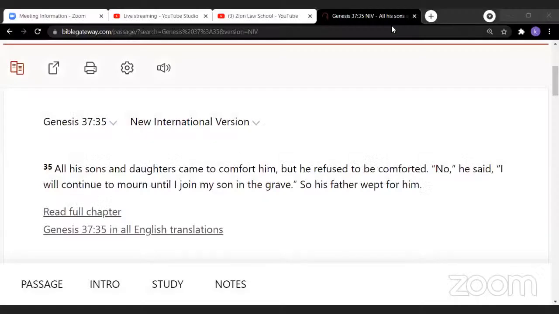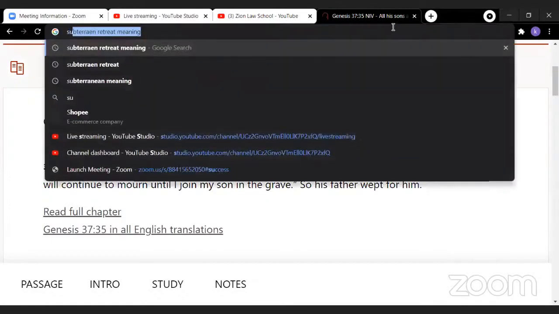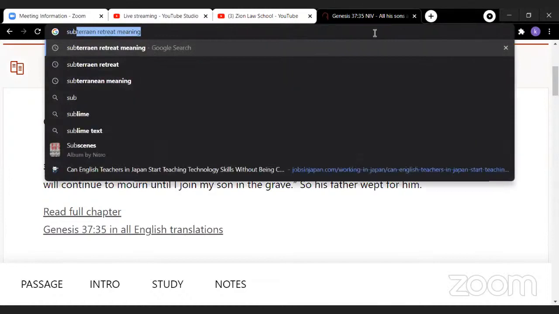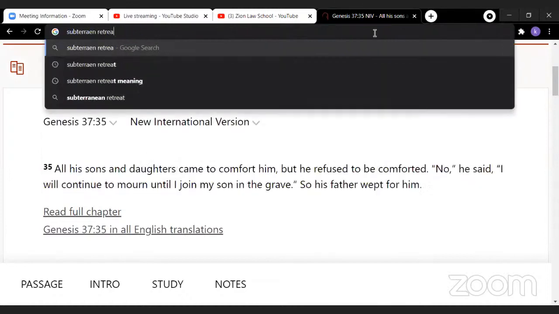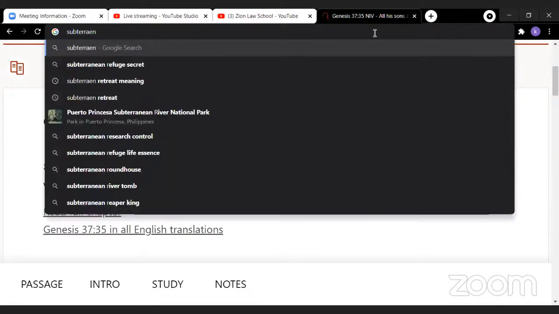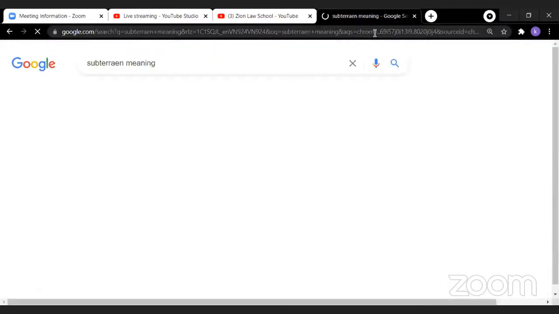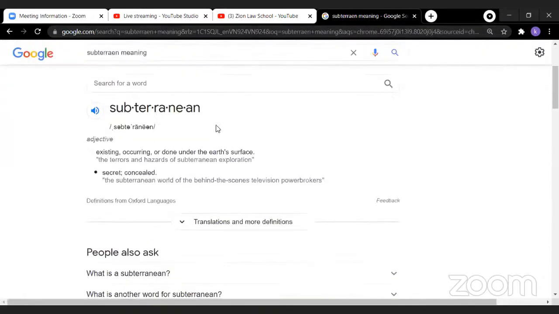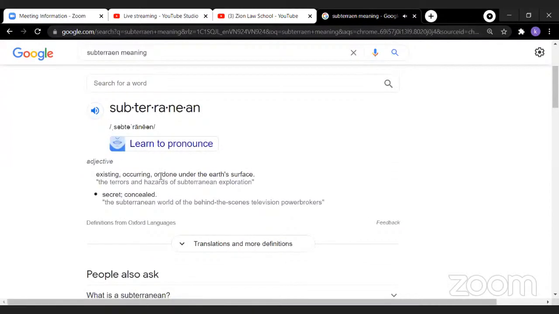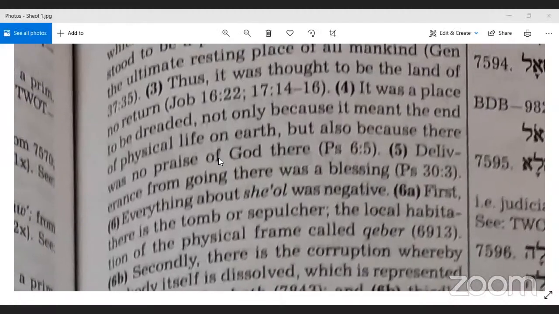Y'all see my browser? Subterranean. Existing, occurring, or done under the earth's surface. So it's still earth.